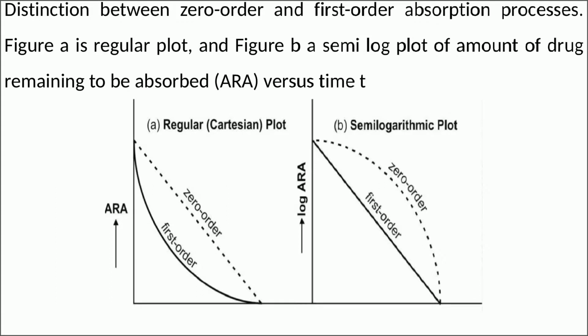ARA is the remaining drug to be absorbed. A straight line indicates zero order, whereas a curvature indicates first order. Opposite to that, when you plot log ARA, a straight line indicates first order and a curved line indicates zero order.